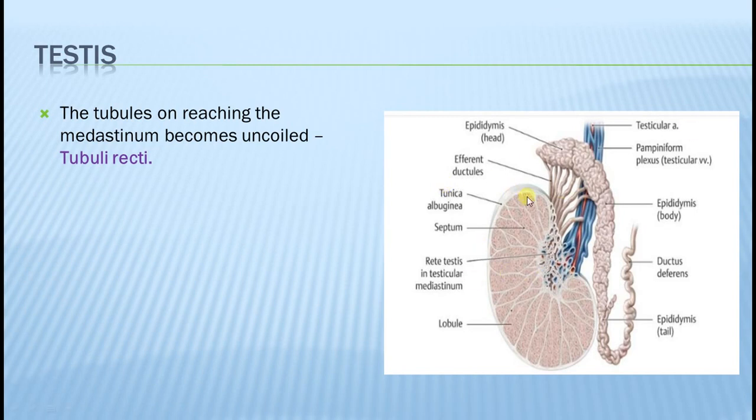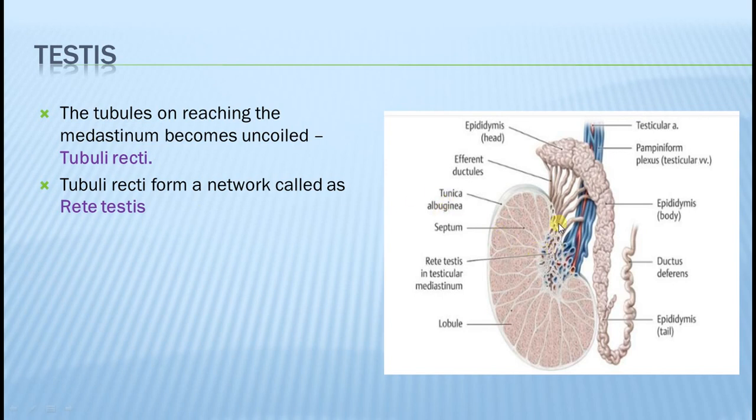That is inside the lumen of the seminiferous tubules. Now, if you look at the seminiferous tubules, they get straightened out as they reach the mediastinum testis, and they are called the tubuli recti, which means they become straight from coiled. These tubuli recti form a plexus or network, which is called the rete testis.